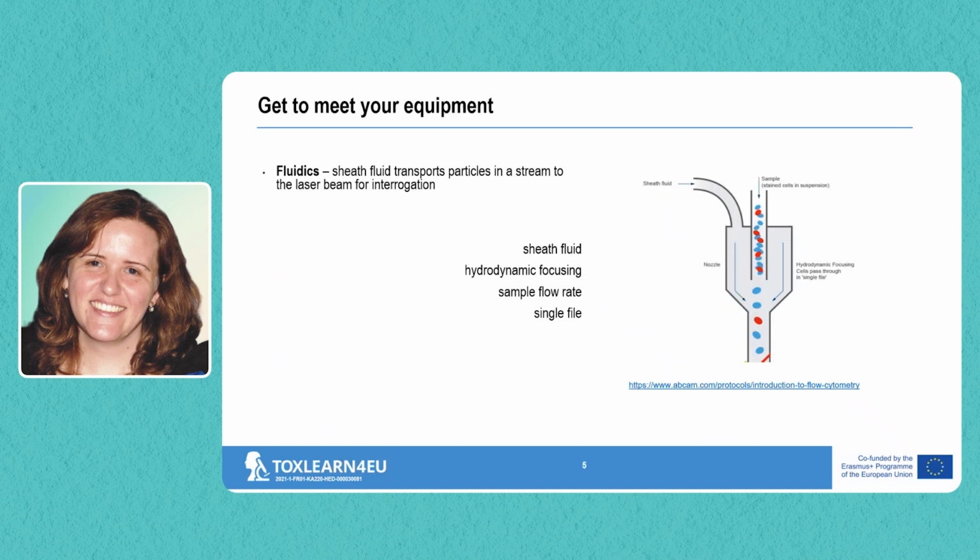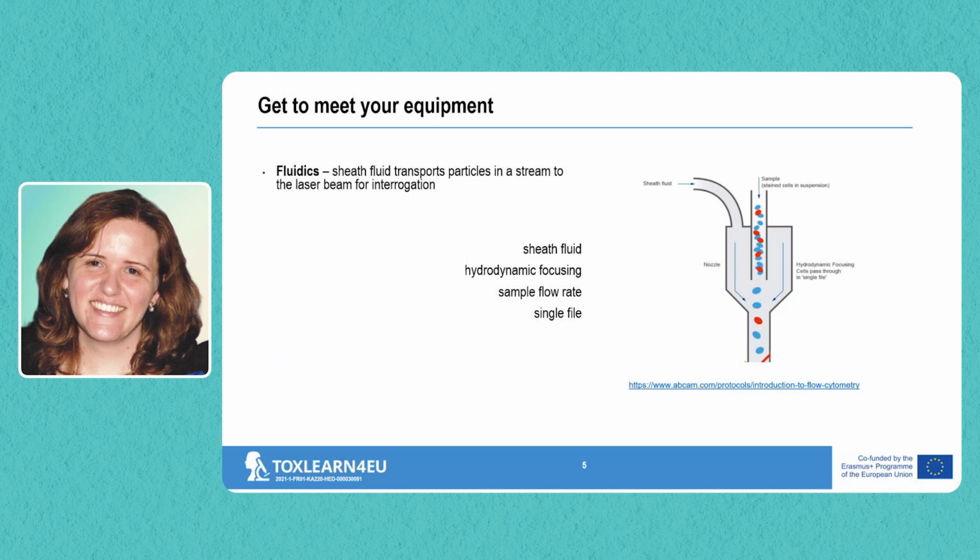Looking now at fluidics, we will need sheath fluid to transport the particles in the stream to the laser beam. You can see here some keywords about fluidics. You have here the sheath of fluid. You have here the sample, and the sheath of fluid will help the sample to move through this path.